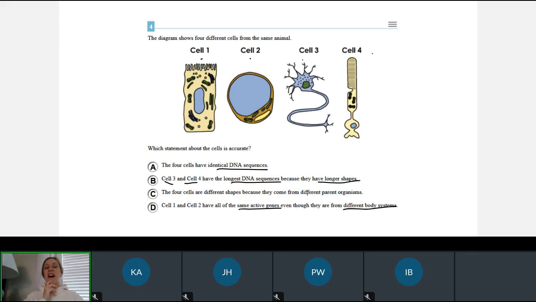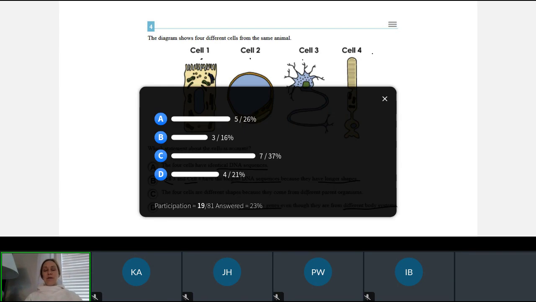The question says the diagram shows 4 cells from the same animal. 4 cells from the same animal. What do you think? We're all over the board on this one. Literally about the same amount of answer choices for every single one of these. I'm going to present this.